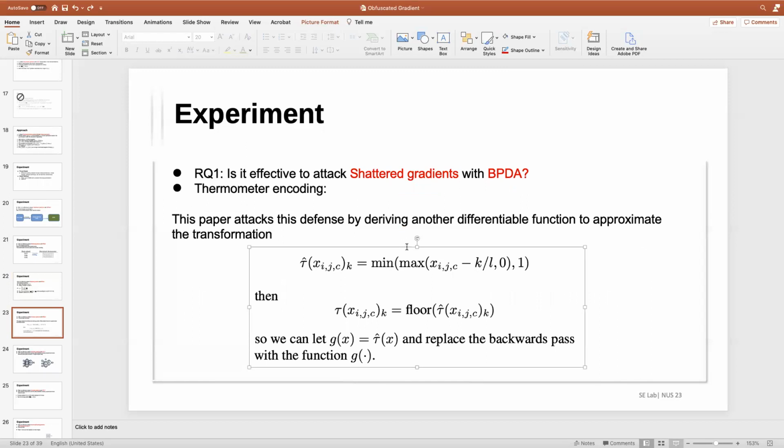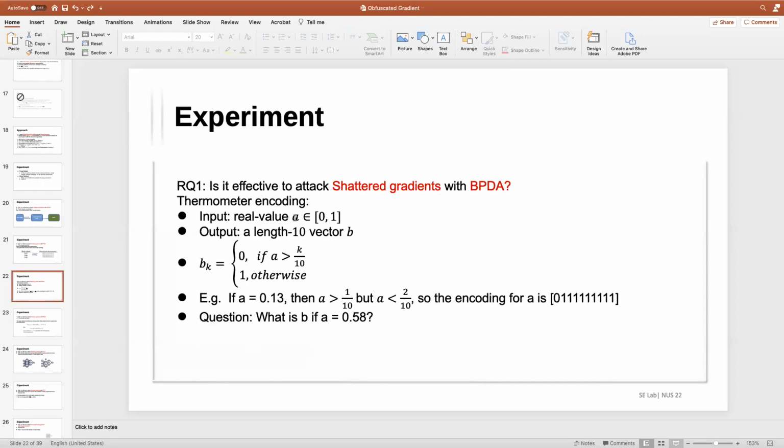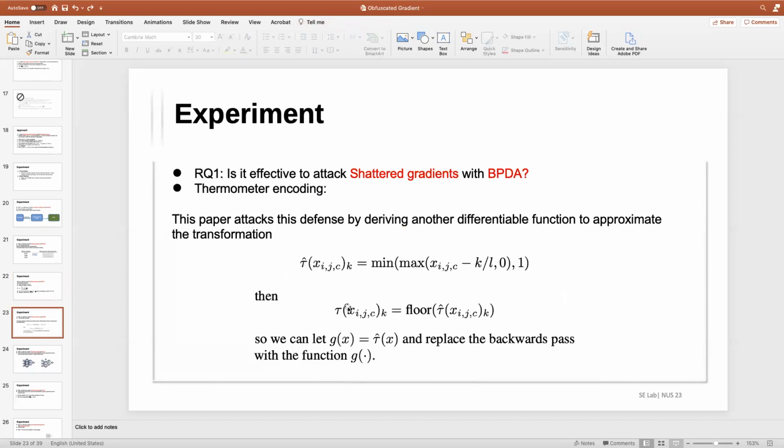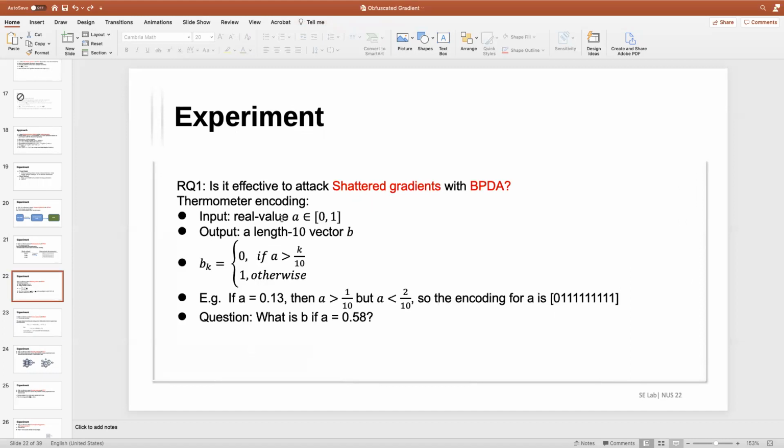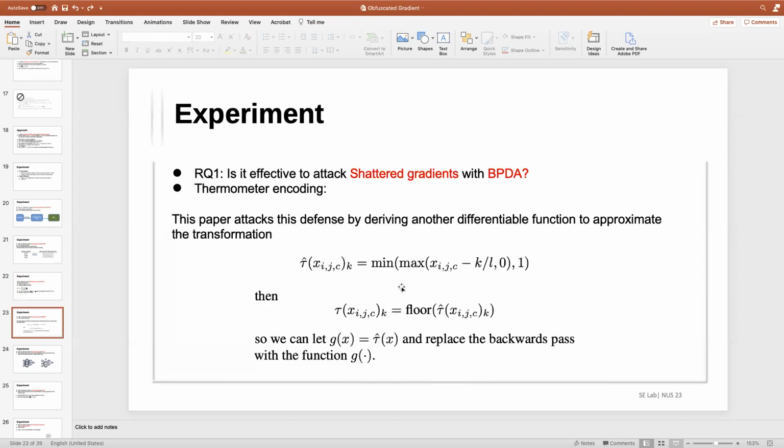So X is the input, so X is the image. The X here is just the A in the previous slide. And the output is tau. The tau is just the B in this slide. Let X be the input and tau the output.